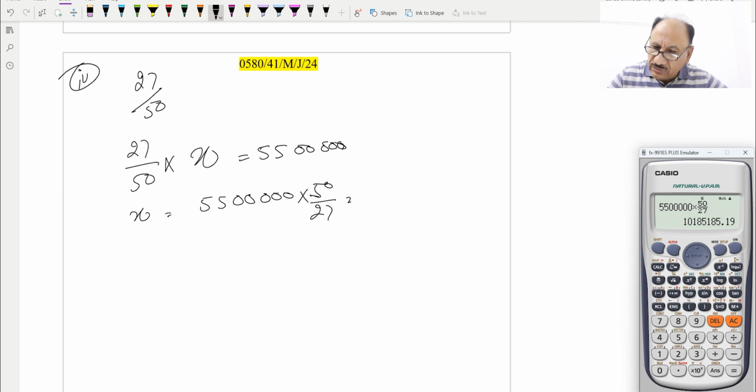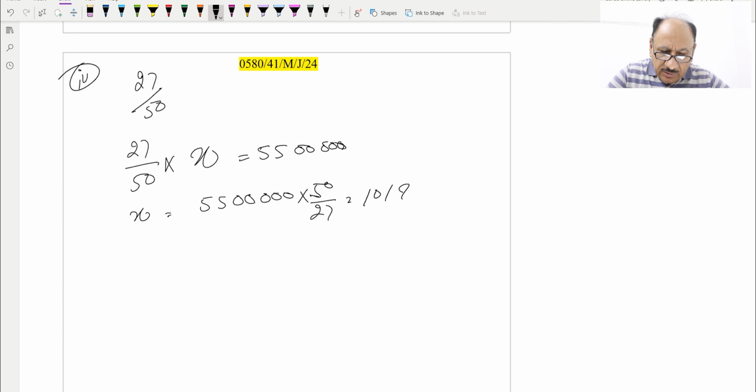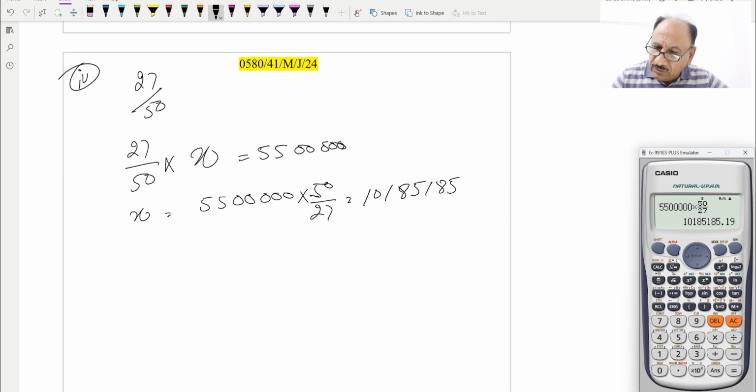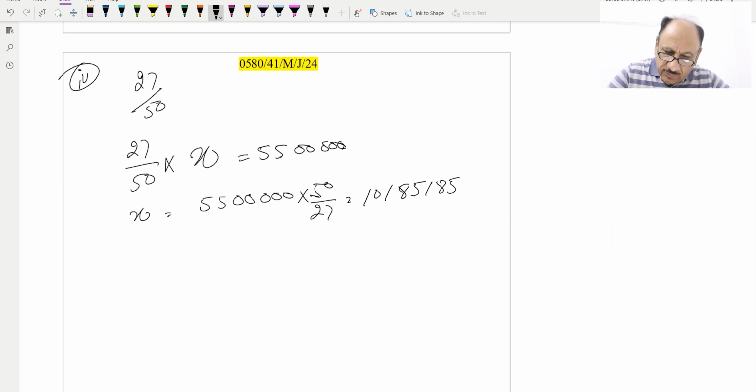This is giving us 10185185.19. This is the number, but they are saying give your answer correct to the nearest 100,000.